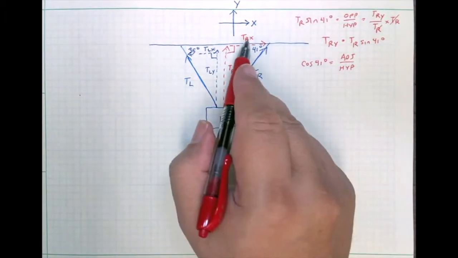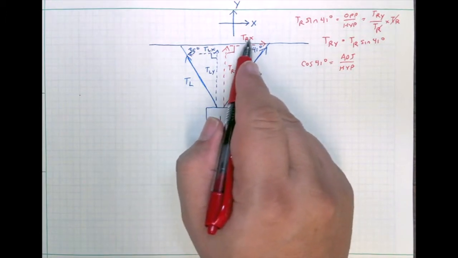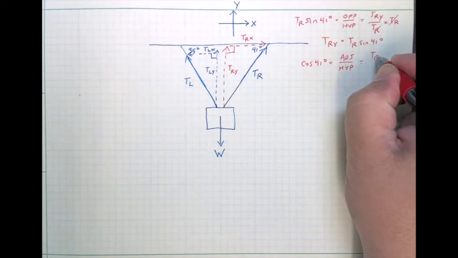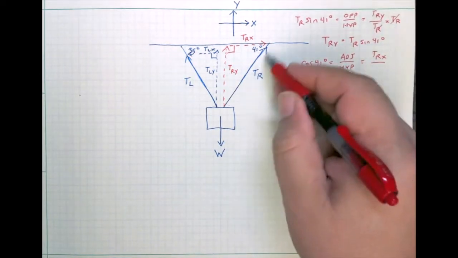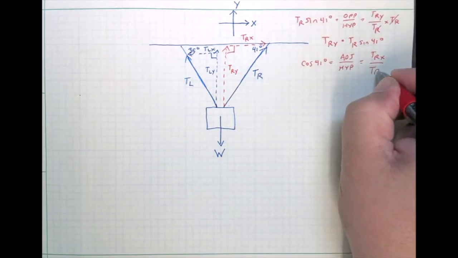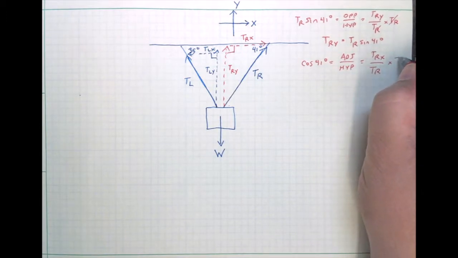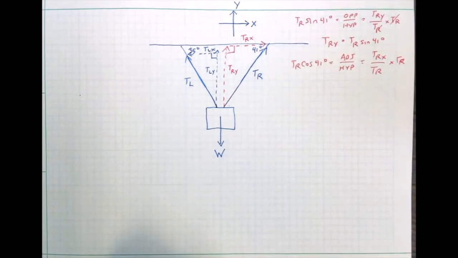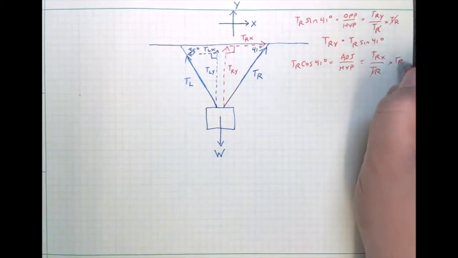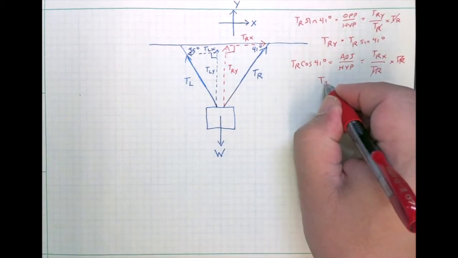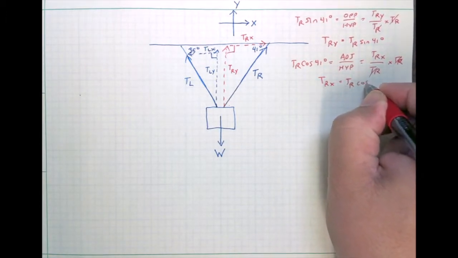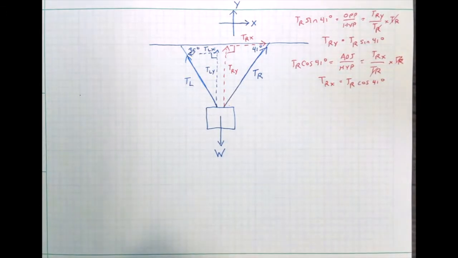Looking at the triangle, we see that the x component, TRX, is adjacent to the 41 degree angle, so that's what we put there, and the hypotenuse is once again simply TR. Multiply both sides by TR to eliminate the fraction, and we get our second formula, this one for the x component of the right-hand tension, TRX equals TR cosine 41.